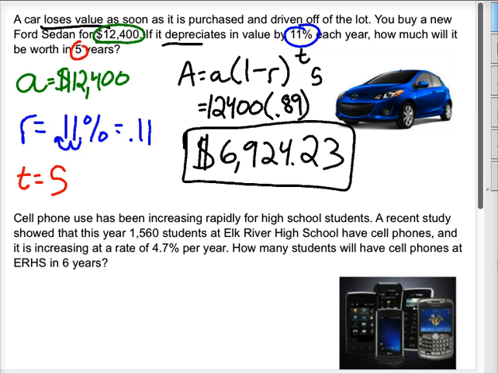That's how much the car is going to be worth in 5 years. And again, be sure to have the calculator out in front of you because you should be calculating these with me to make sure that you're typing it in right. And you should type it in all at once. You get precise answers. I don't want rounding and stuff like that because that can dramatically change your answers when you're dealing with exponents.